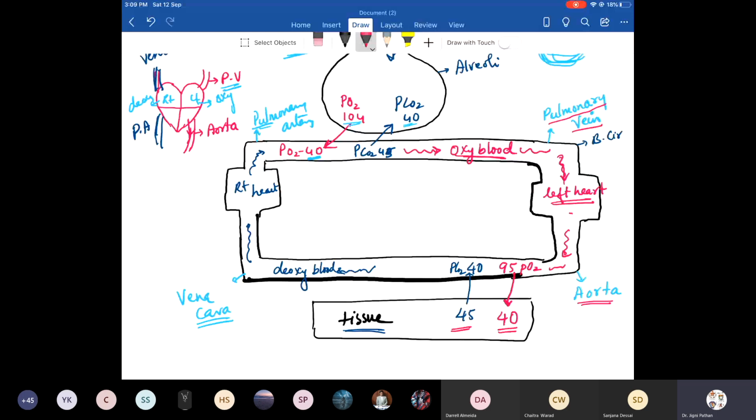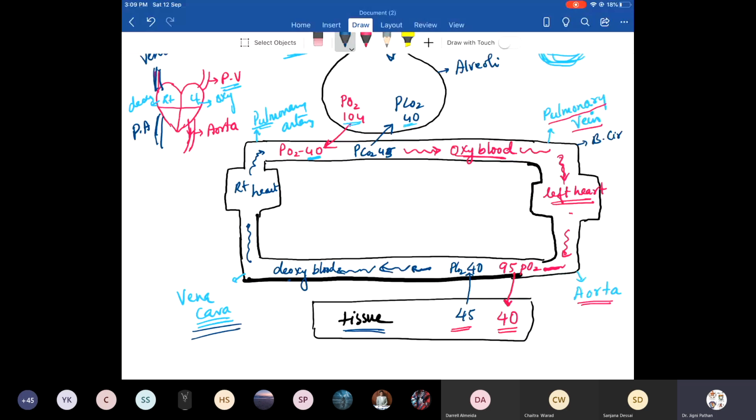Again, an exchange takes place between the tissue and the blood coming from the aorta and arteries. As they get exchanged, the oxygenated blood turns into deoxygenated blood because an exchange of gas has happened here. Now the blood which is coming out of the tissue is deoxygenated blood.